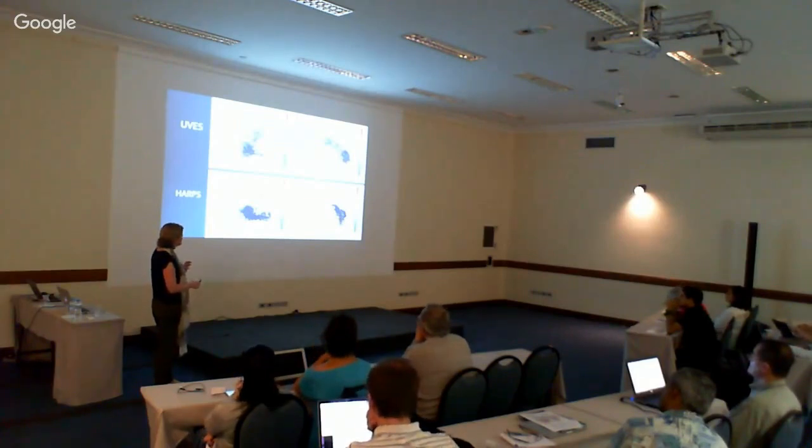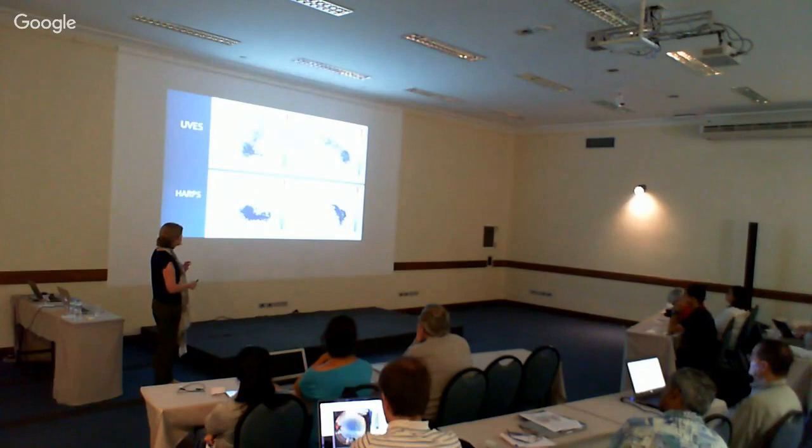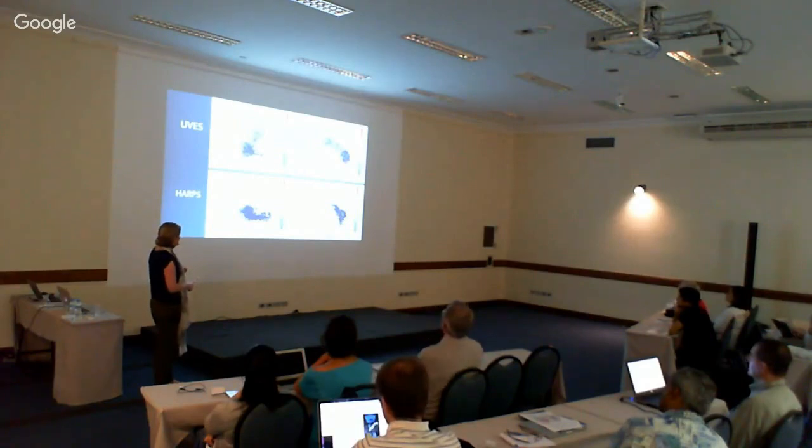So UVES has certainly got a larger thick disk sample, but again mainly dominated by dwarfs and not really dominated by very distant objects, but there are a few. We can see them dotted in here. For HARPS, there's not much in terms of giants, but we've got a dwarf-dominated sample.